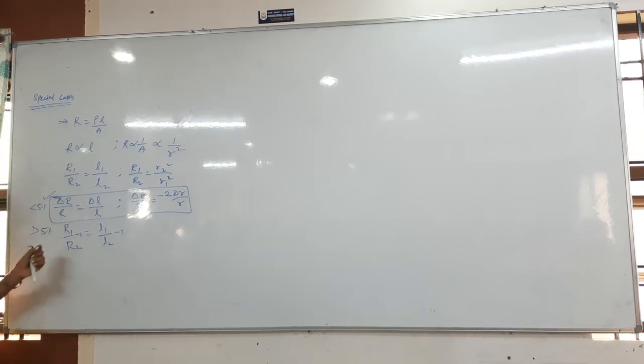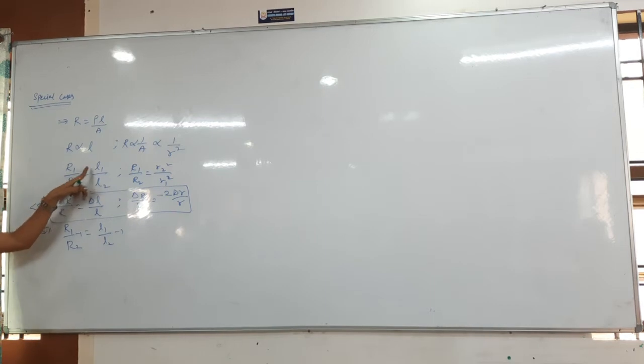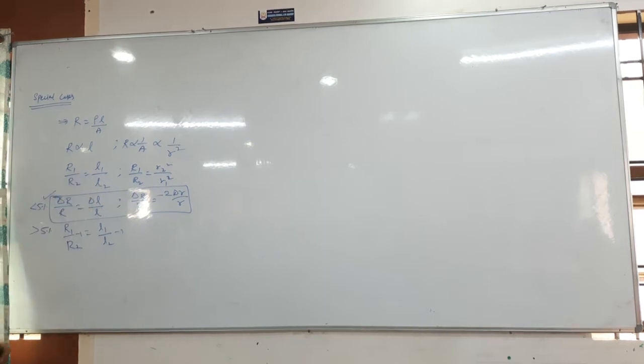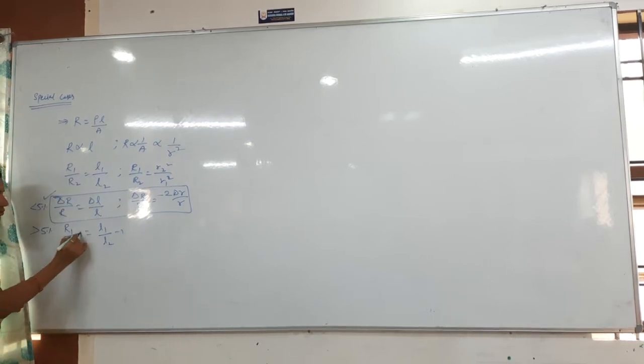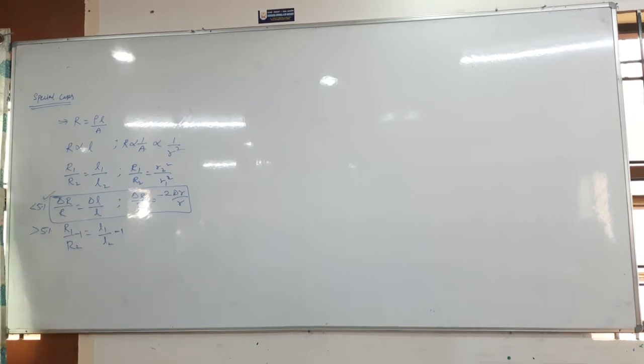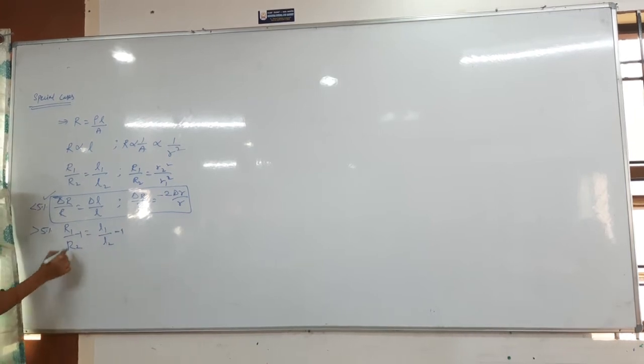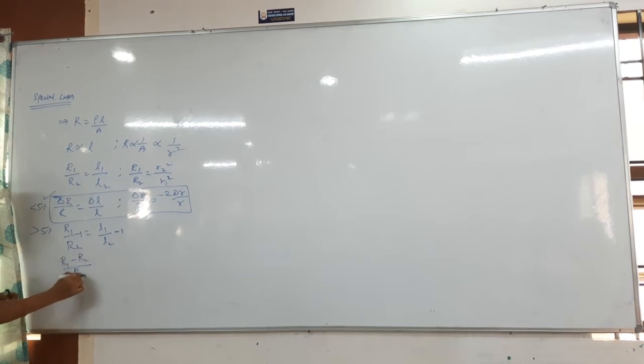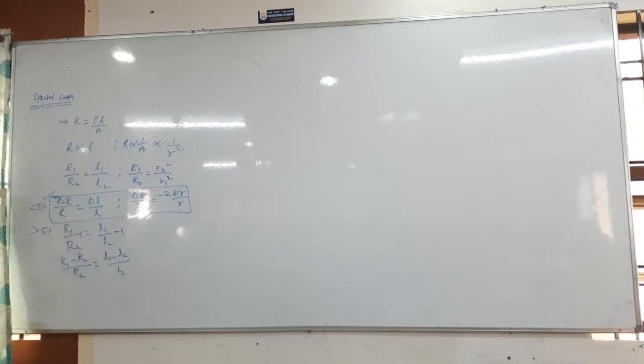Instead of that, the direct relation is R1 by R2 is equal to L1 by L2. For that I will just do minus 1 here, minus 1 here. Then what will we get? If I take the LCM, R1 minus R2 by R2 is equal to L1 minus L2 by L2. That is what you have to do. Clear?